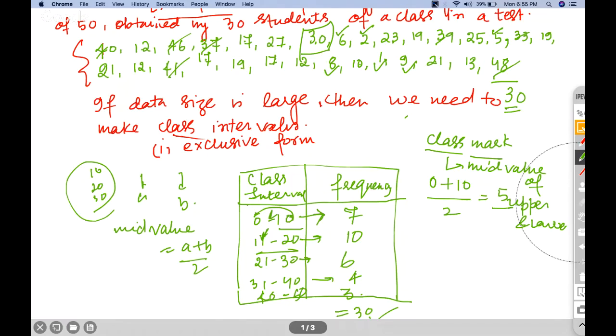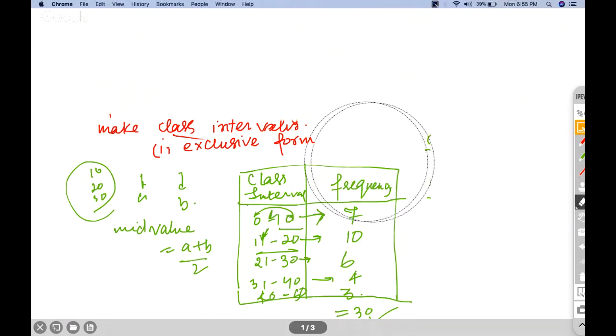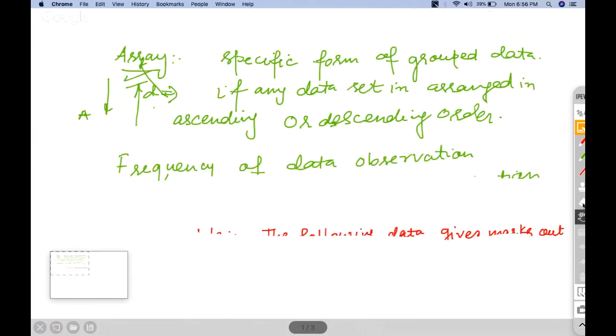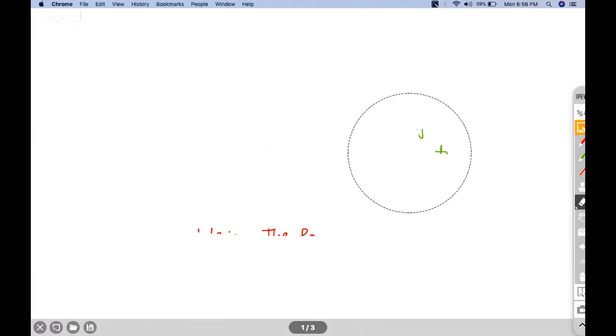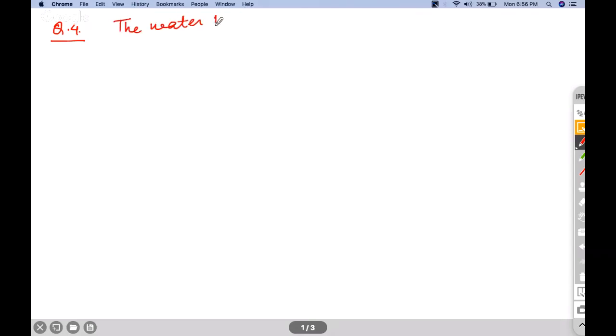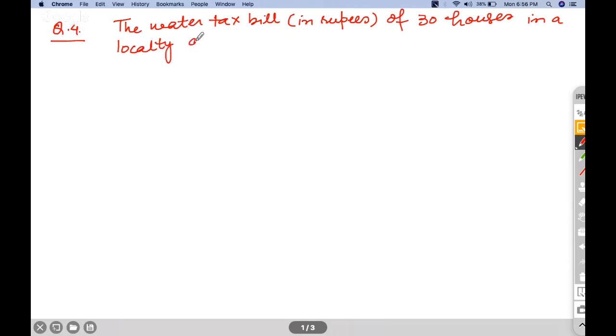Let me give you a question now. So question 4 is, the water tax bill in rupees of 30 houses in a locality are given below.